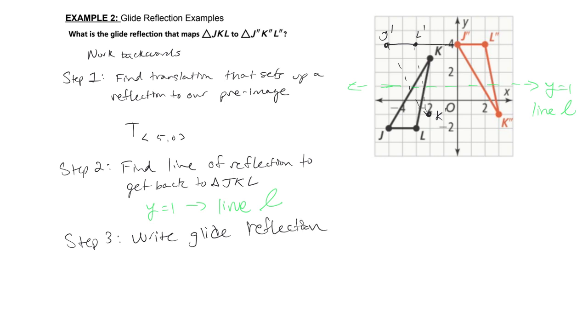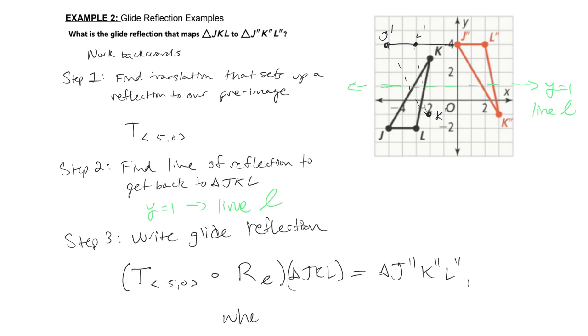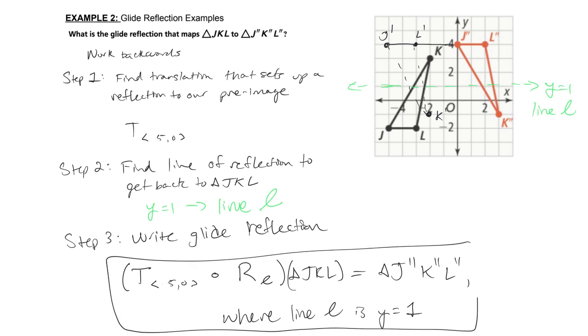Remember, we write our translation first, which would be 5 units to the right, and a reflection over the line L, of triangle JKL, and that will give us our triangle J double prime, K double prime, L double prime, where the line L is equal to the line y equals 1. And that's your solution.